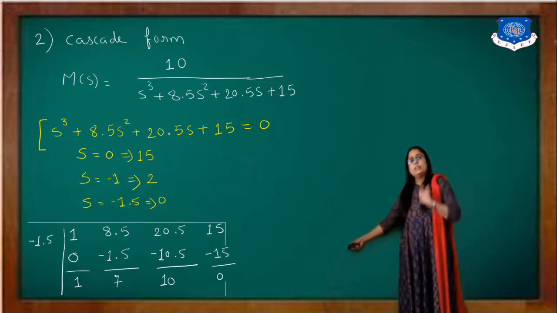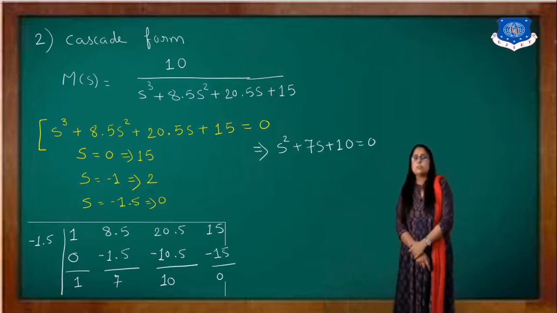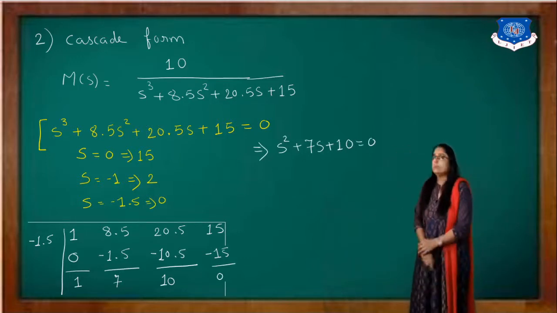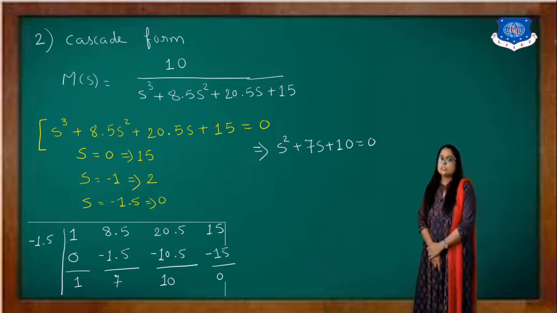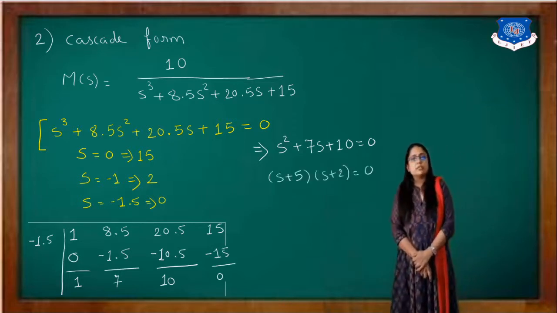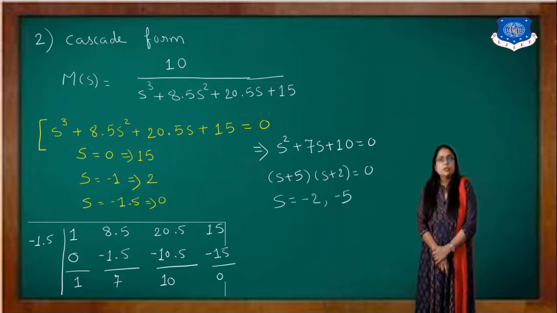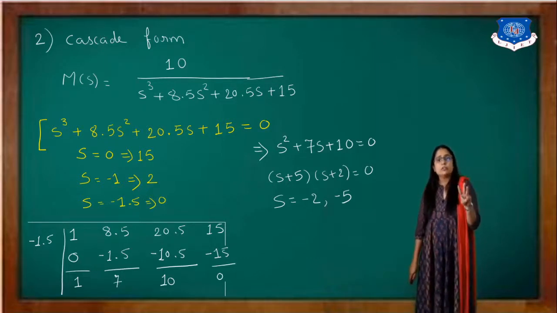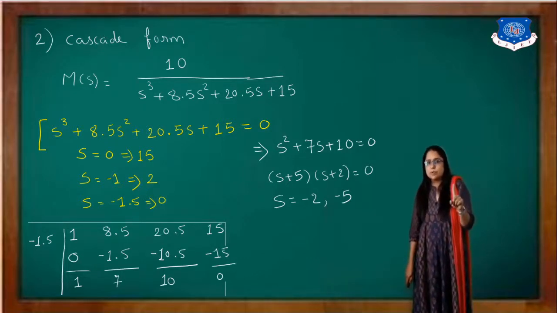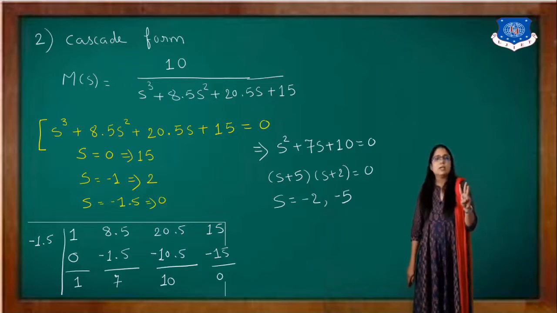Now write down the equation s square plus 7s plus 10 and find out the roots of this. That is 5 twos are 10 and 5 plus 2 equals 7. So s plus 5, s plus 2 equals 0. So the values of s are minus 2 and minus 5. So here we have the roots minus 1.5, minus 2 and minus 5.